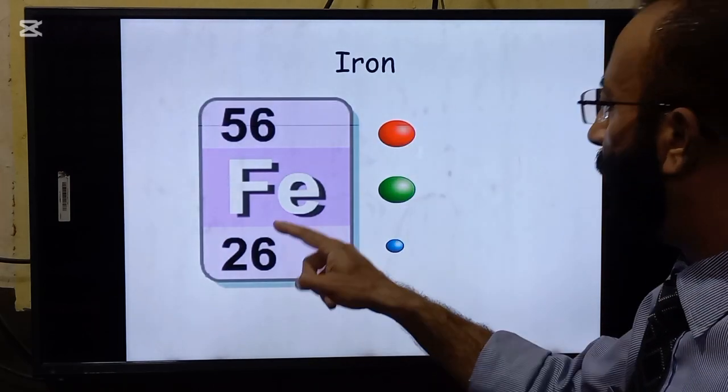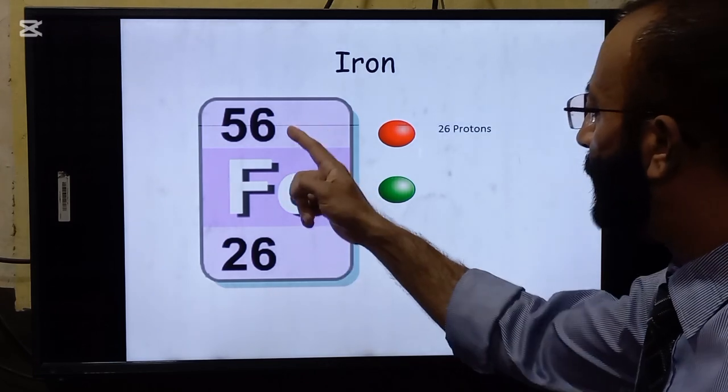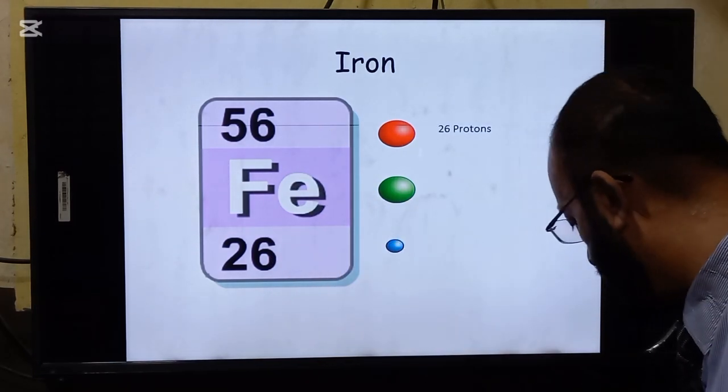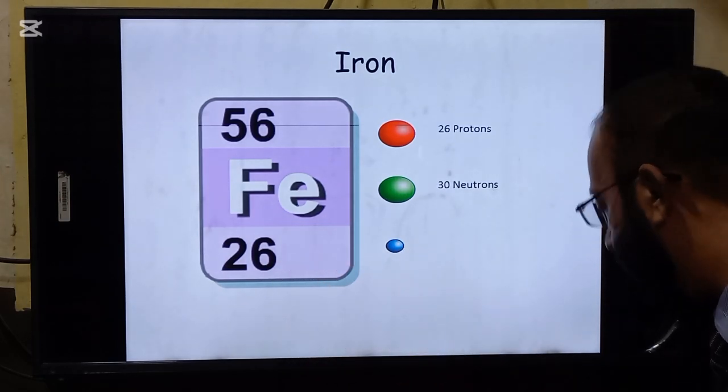In iron, there will be 26 protons. 56 minus 26 will be equal to 30 neutrons, and 26 electrons.